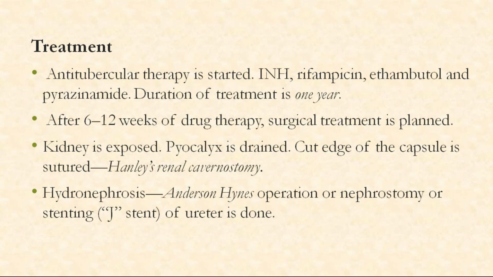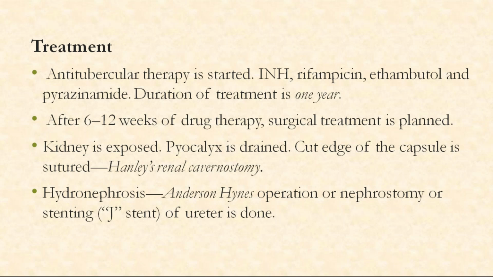Once the patient is suffering from tuberculosis of the kidney, after starting the treatment, a minimum of 12 weeks of drugs is to be given. Later you should plan for any surgical procedure that is needed.